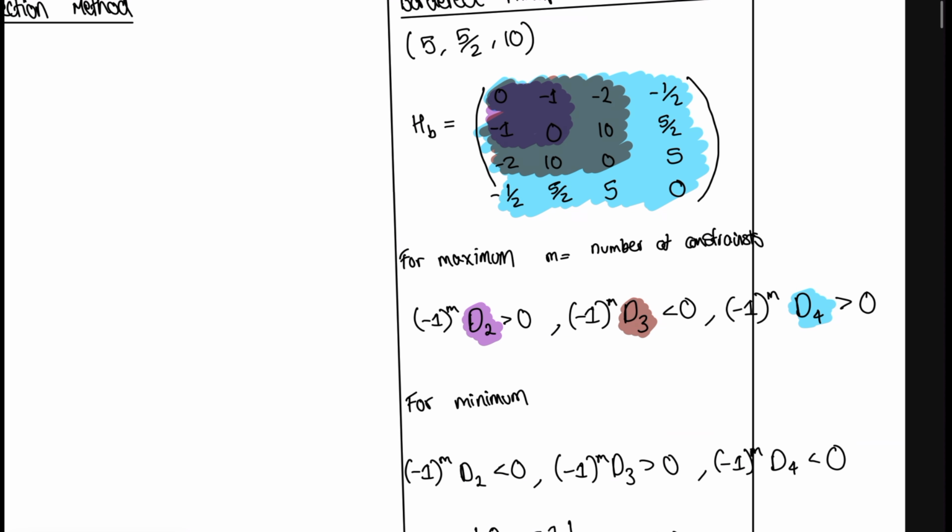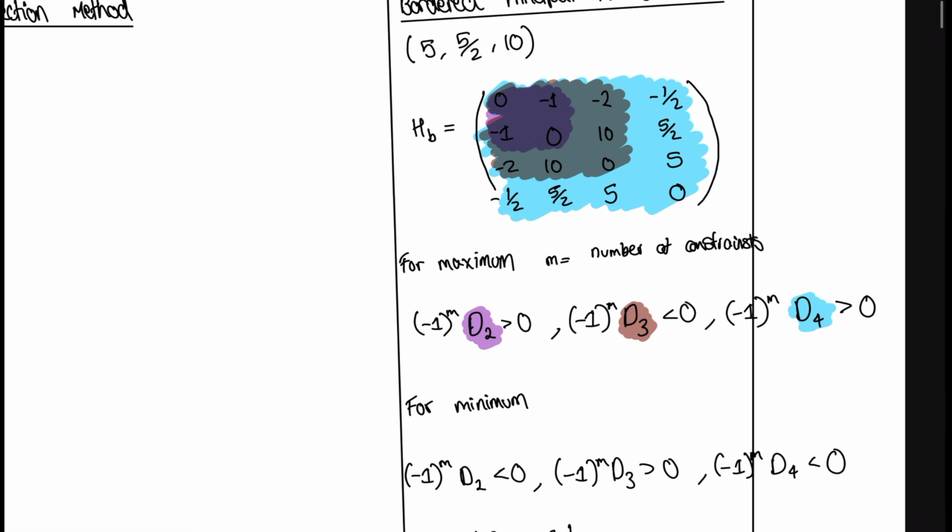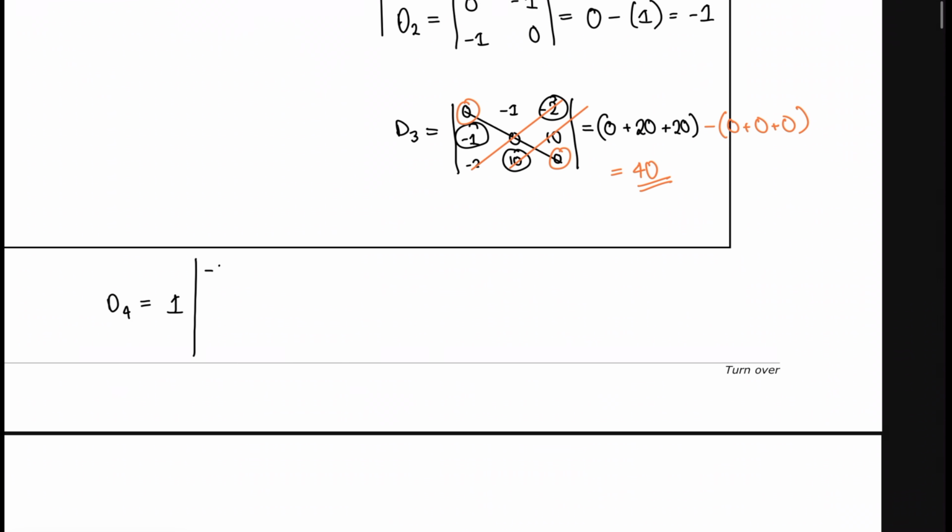We have to do 0 times the matrix of minor, but because this is 0, when we times by 0, it's just 0, so we'll skip over that one. So we look at minus 1, so we have 1, and then the principal minor will be minus 1, minus 2, minus a half, 10, 0, 5, and then 5 over 2, 5, 0.